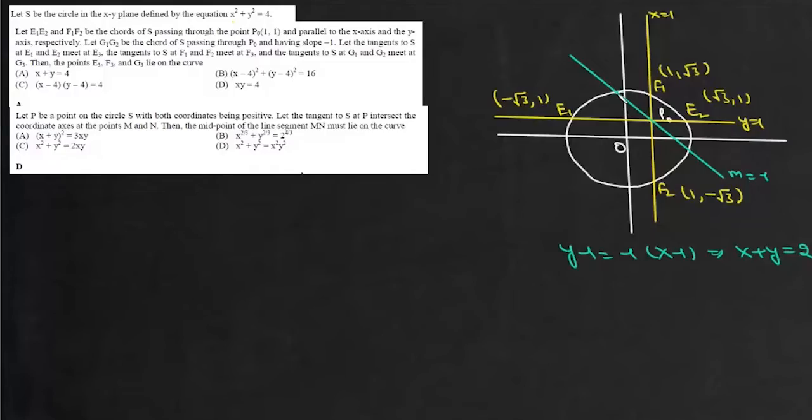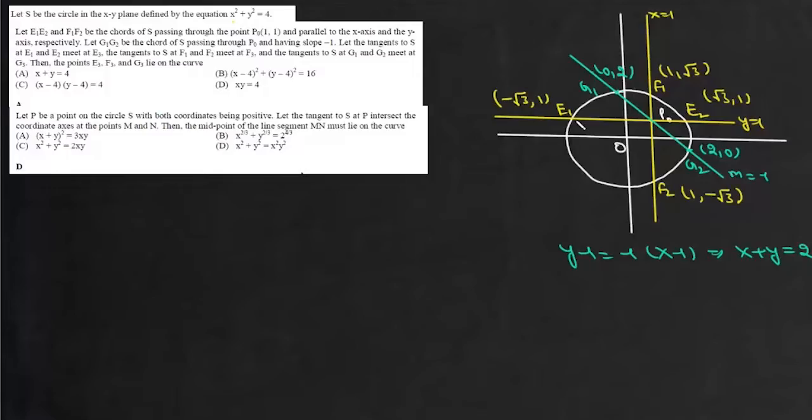So this point G1 is 0, 2 and G2 will be 2, 0.